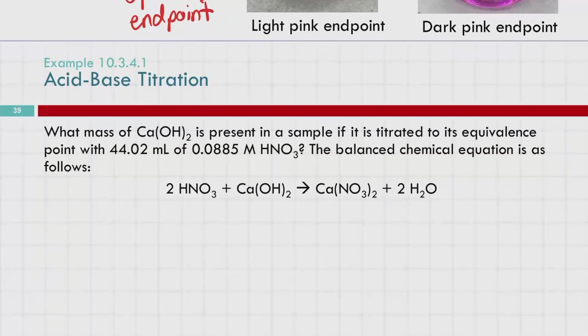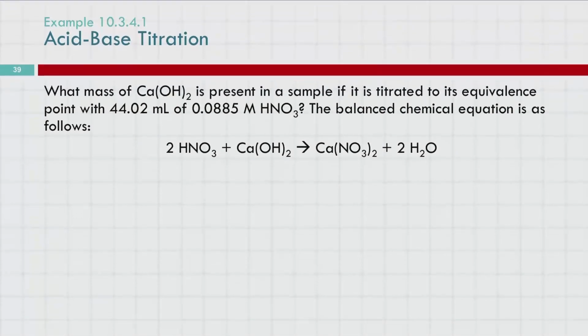Okay, the way that we can use this in calculations is basically the solution stoichiometry stuff that we've done before. We don't really actually need to know how to do the titration to be able to do calculations with the titration. So we've got a slight switch up of the types of solutions that we were doing previously. We are looking now for the mass of calcium hydroxide if it's titrated to its equivalence point.